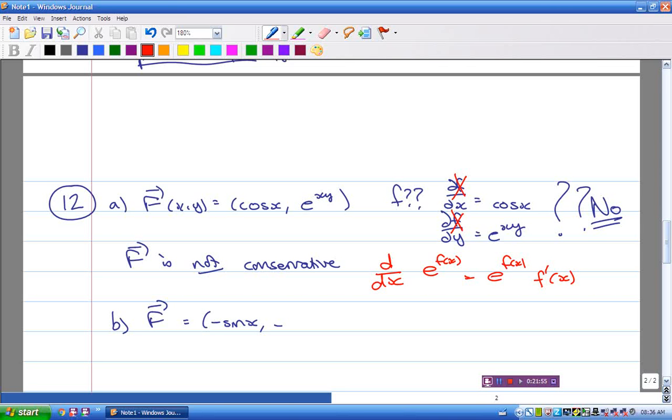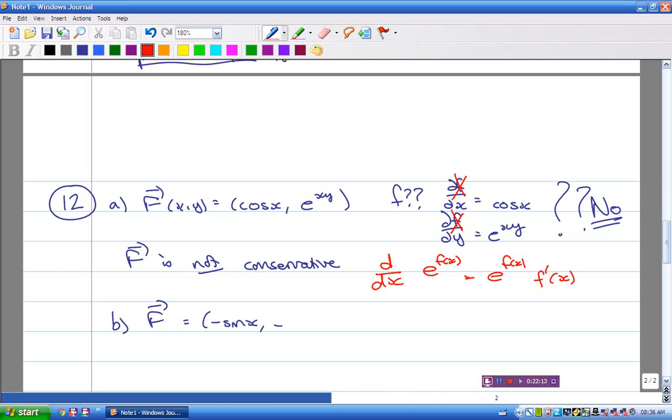Because if we ask ourselves, what did I differentiate with respect to x, because it's the first component, to get cos x, our answer would be sin x. Okay? And sin x clearly, when you differentiate with respect to y, gives you 0. So we could deal with the cos x.